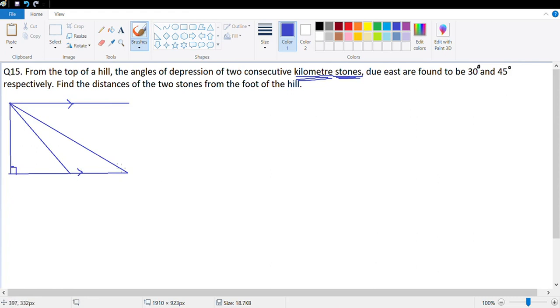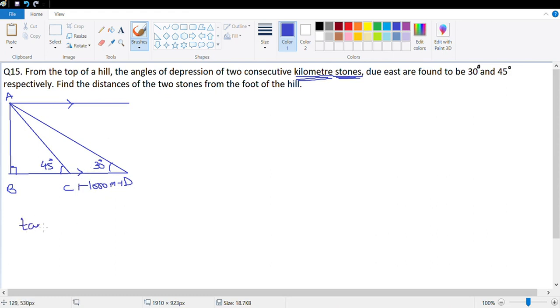The first one is 45 degree, and this is 30 degree. Let's name them. This is A, this is B, this is C, this is D. The distance between C and D is given as 1000 meter. That's the only trick in this question, otherwise there is nothing in this question.